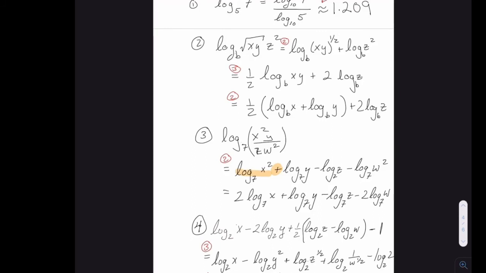And if it's in the denominator, you'll get a minus sign in front. So you write a product and division as sums and differences of logs. And then we deal with the two exponents here. We're using property 3. And we have now succeeded in writing our original expression as a sum of simpler logarithms.